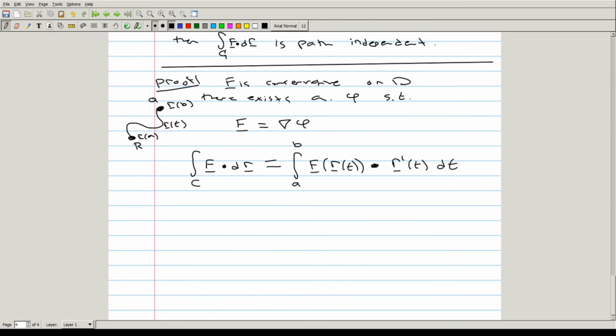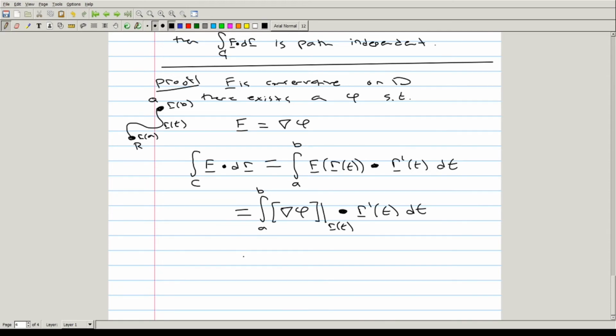And we haven't used the conservative assumption yet. If f is conservative, that means this is going to be the integral from A to B of f of r of t, which is the gradient of this scalar potential function evaluated right at the point r of t, because that's the vector field, and its dot product with r prime of t dt.